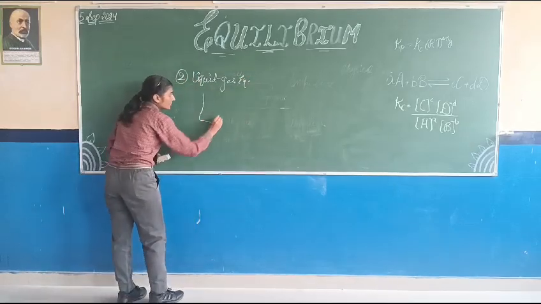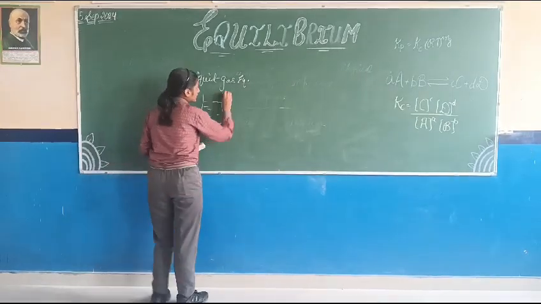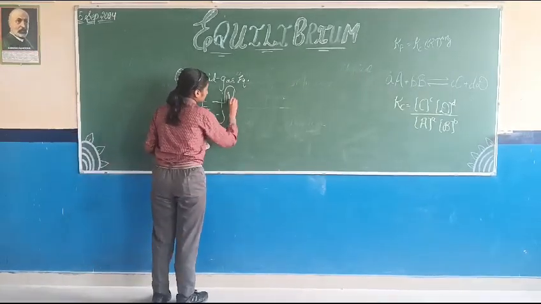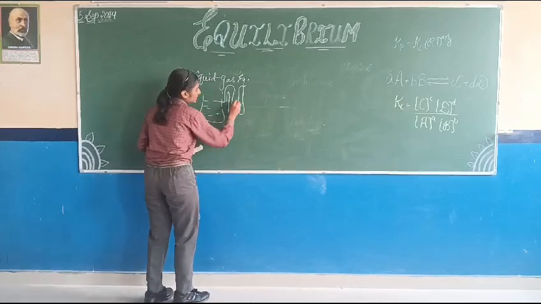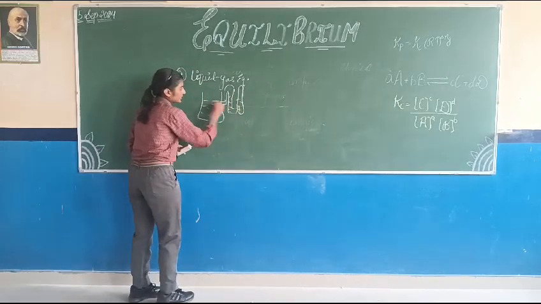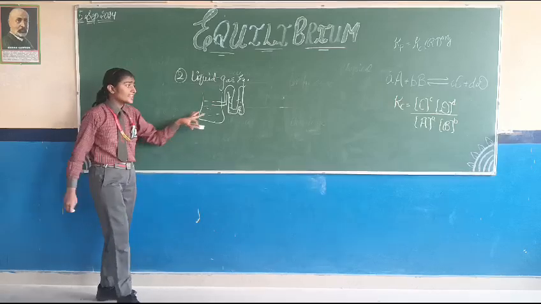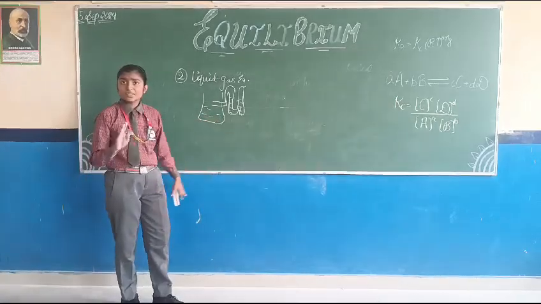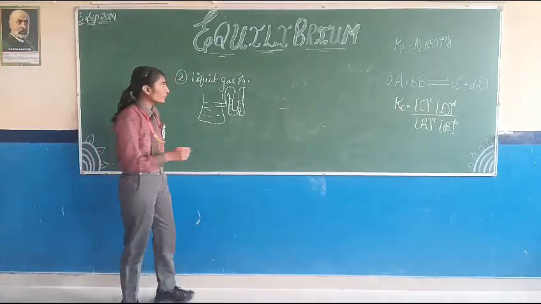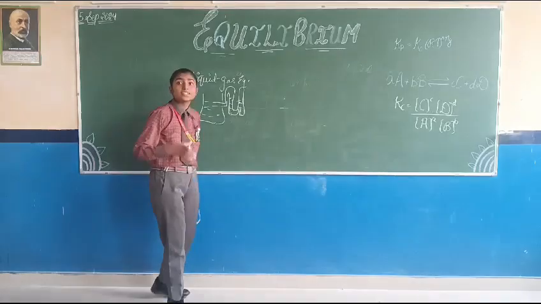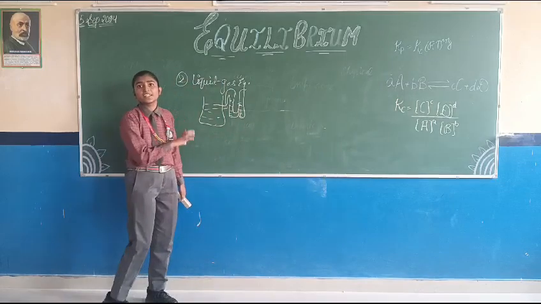For example, I will take a beaker with water in it, and I have connected it to a U-tube containing mercury. You will observe that at first the water and the mercury remain constant. But after some time, you will observe that the mercury level in the right limb increases, and after some time it becomes constant, and we can say the system is at equilibrium.